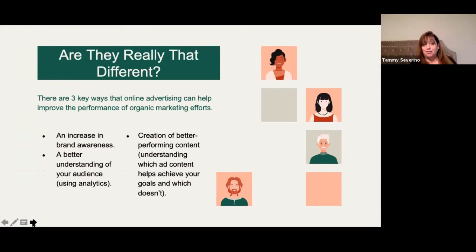So how different are they? Three key ways that online advertising can help improve the performance of an organic marketing effort. So this is where they kind of blend together. Online advertising is designed to increase brand awareness. That is a marketing goal too. It's designed to give a better understanding of your audience because you're going to use the analytics that come along with all of this.